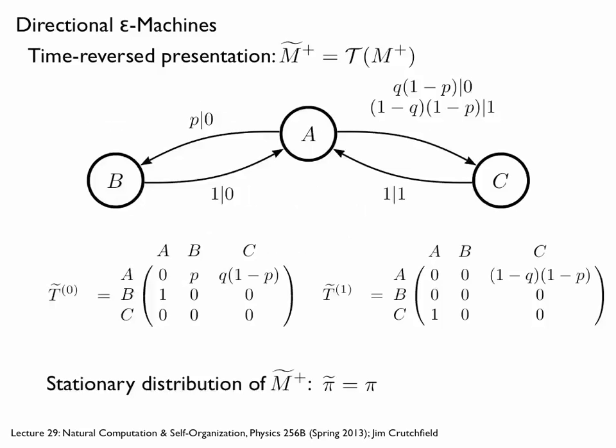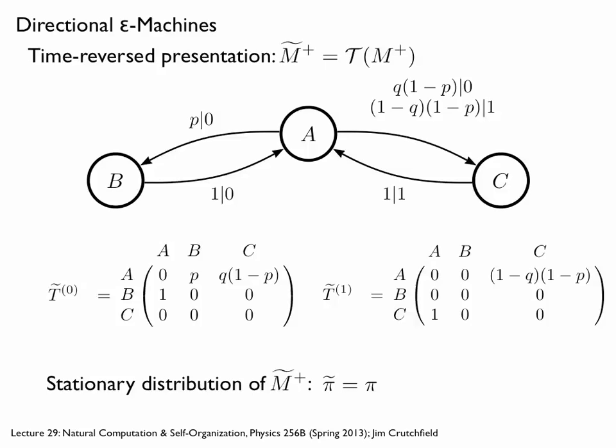Okay, so that said, here's what it looks like. It's the random noisy copy. So these 2 matrices are now the symbol labeled transition matrices for the reverse machine normalized according to that calculation. It turns out that the forward stationary distribution is the same as the reverse stationary distribution.